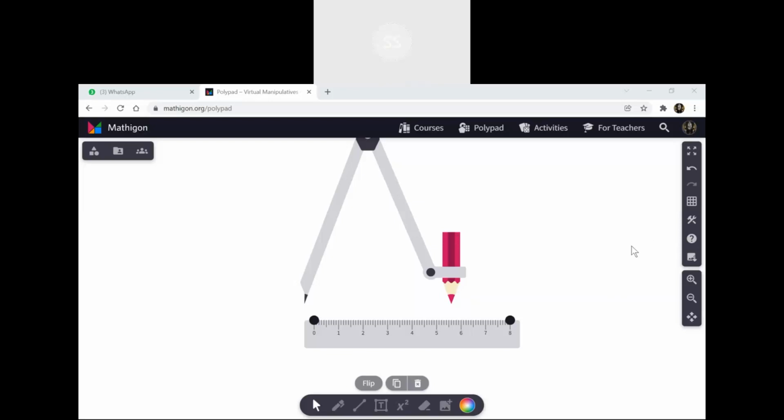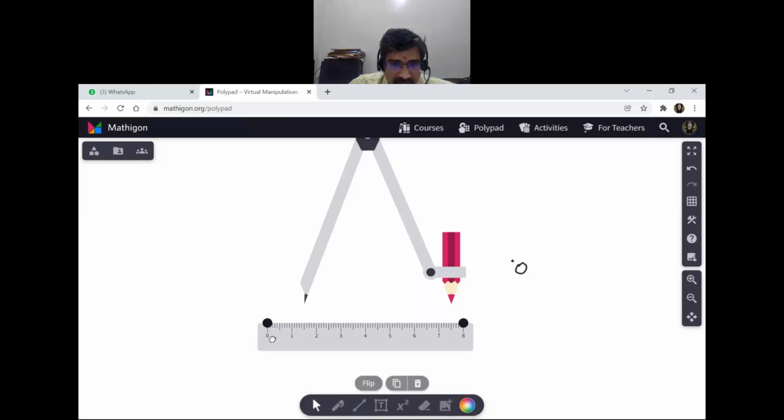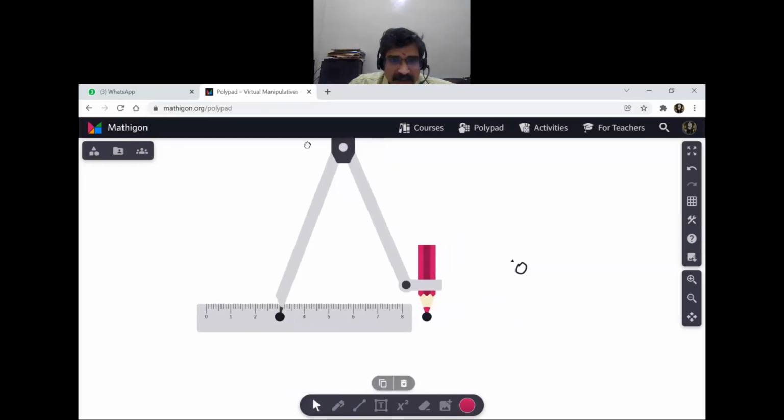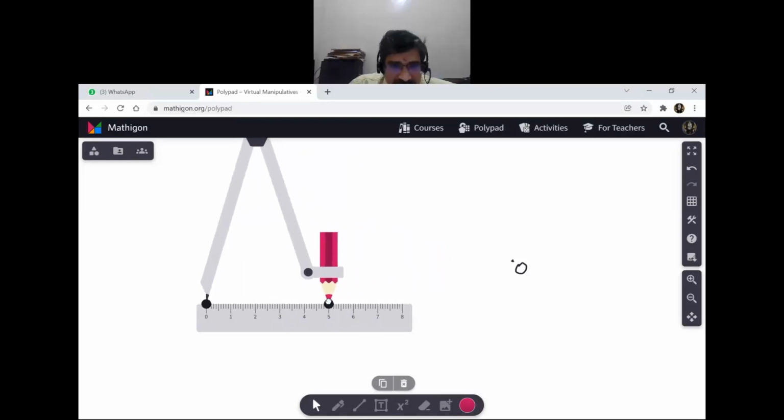Now, first thing is I have taken a point. This is the point, and I named it O. Then next thing is I am taking a ruler and a compass, measuring 5 centimeters.